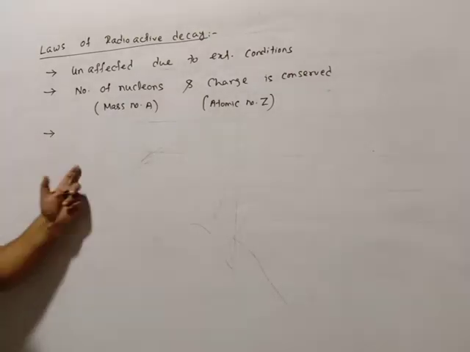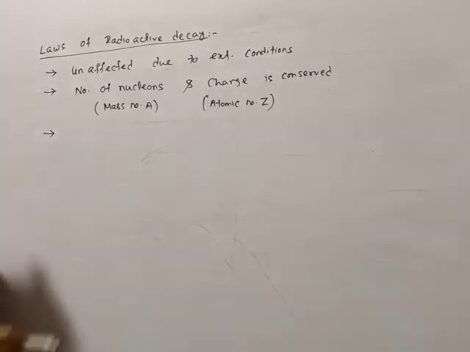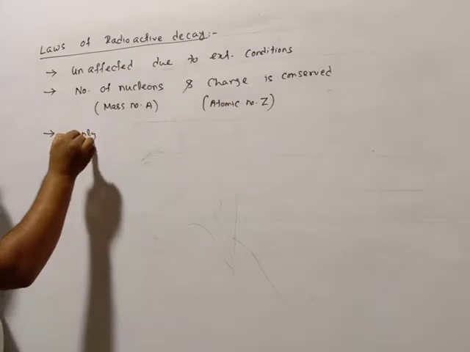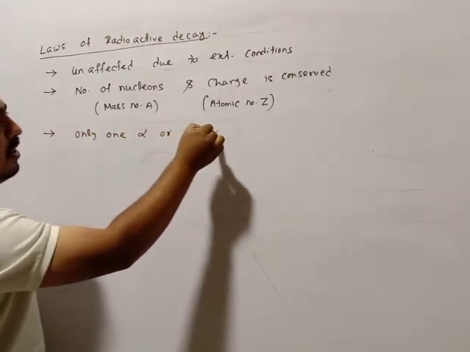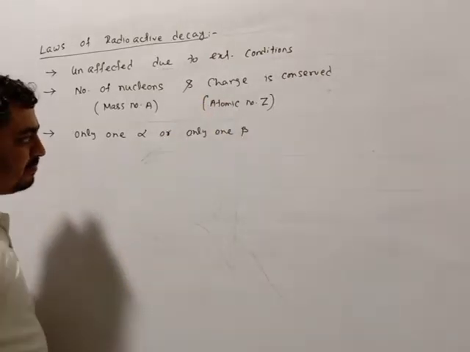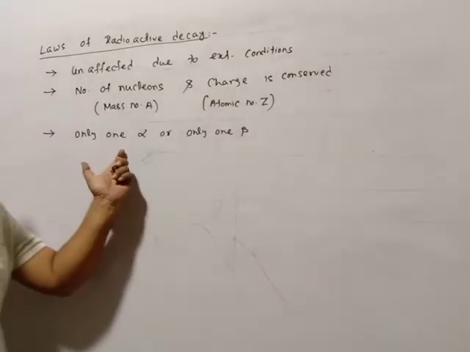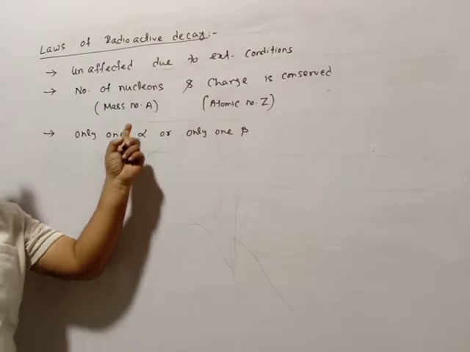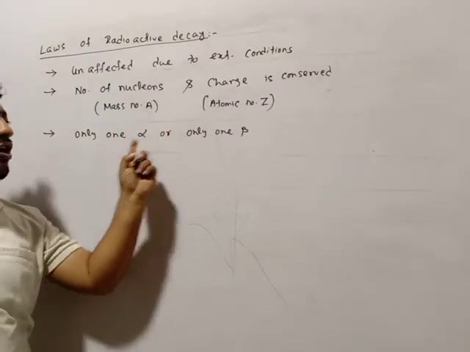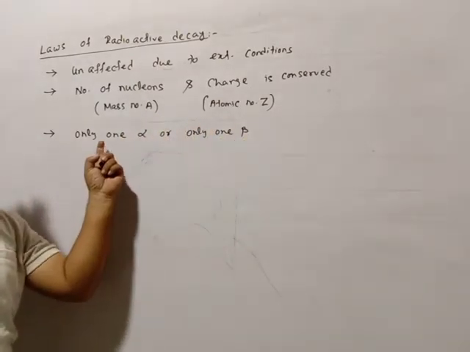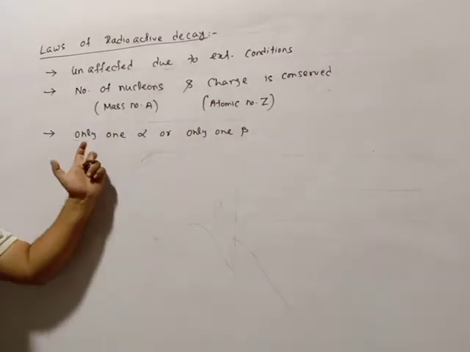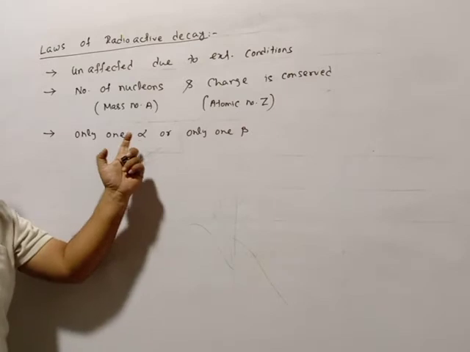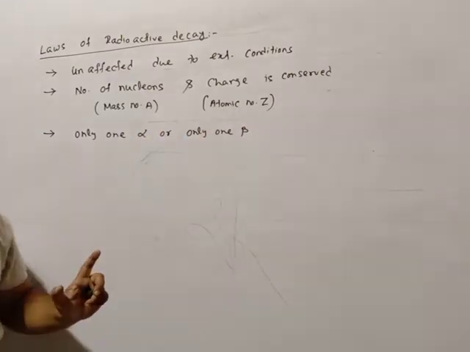The third law is that a nucleus can emit only one alpha or only one beta at a time. That means a nucleus cannot emit more than one alpha or more than one beta or combination of alpha and beta at a time. But gamma ray can be emitted with alpha or beta decay.